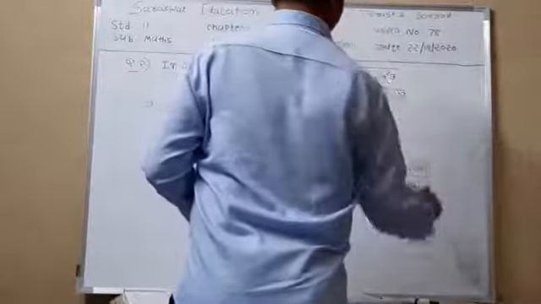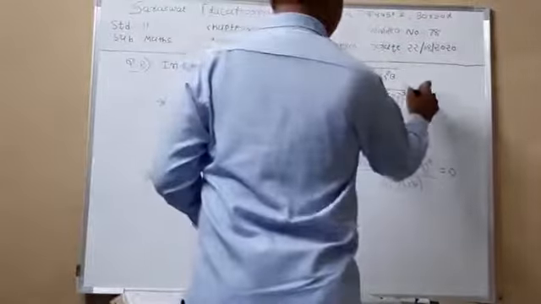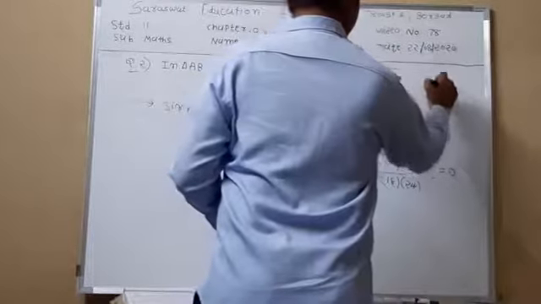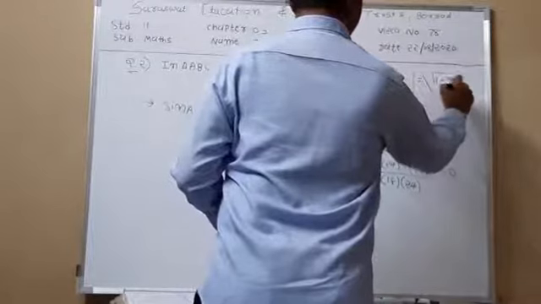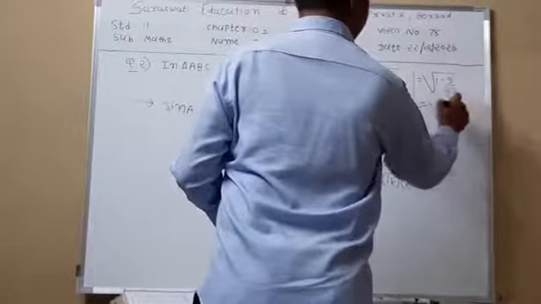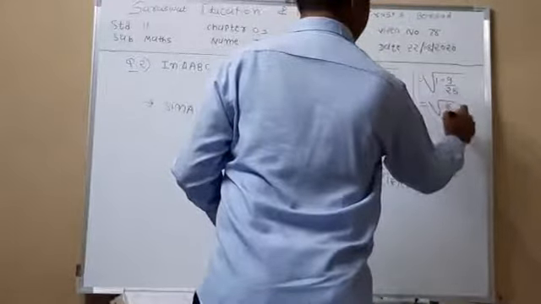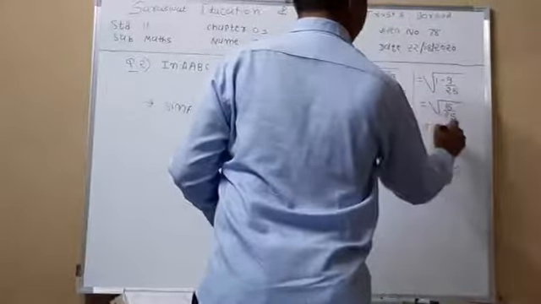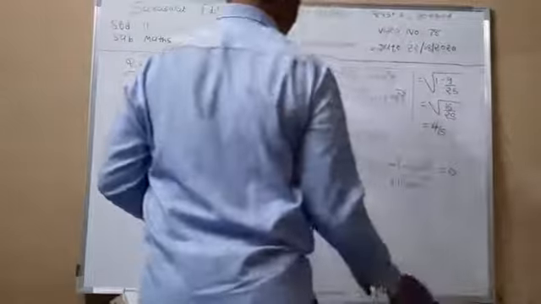Now here we can take LCM, so it is equal to under root 1 minus 9 by 25. Take LCM, 25 minus 9, that means 16 by 25, that means 4 upon 5.